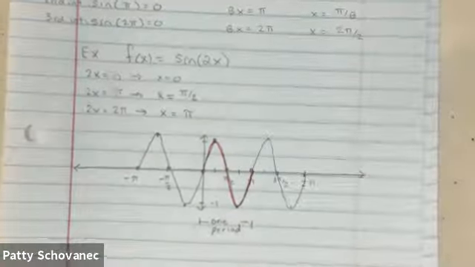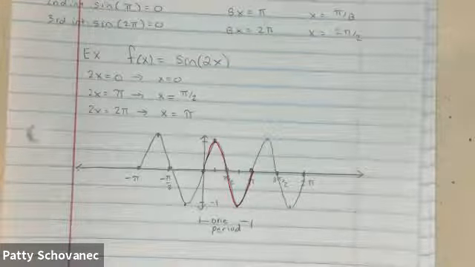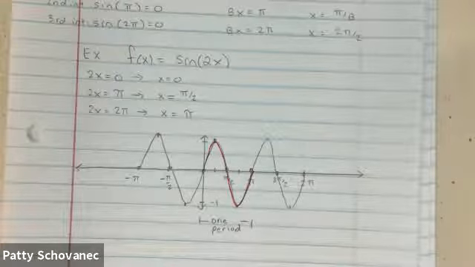In general, the length 2 pi divided by b will be called the length of a period for these shifted functions.